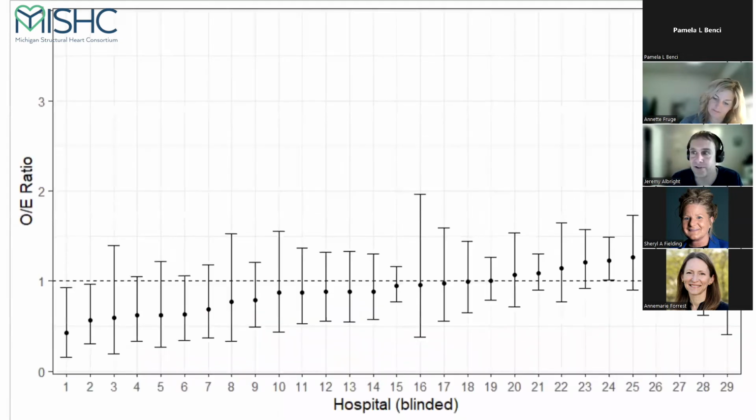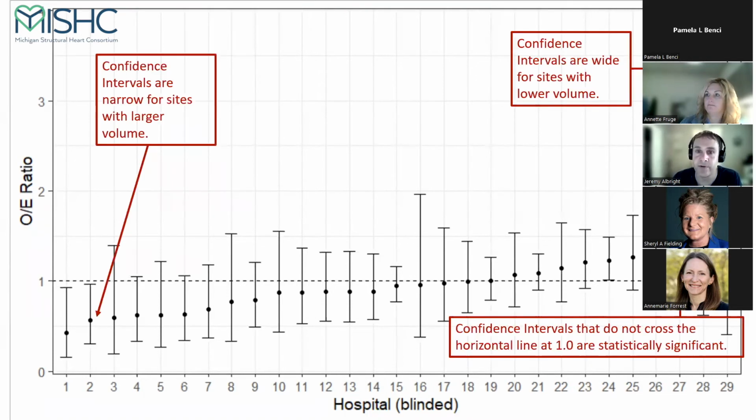There is, of course, uncertainty in these estimates, and that uncertainty is driven in part by the hospital volume. So in some of the risk-adjusted reports that we present, I think in the MISHC we might skip this step, but it goes into every single risk adjustment analysis. We have this OE ratio, and then we also calculate confidence intervals around the OE ratio.